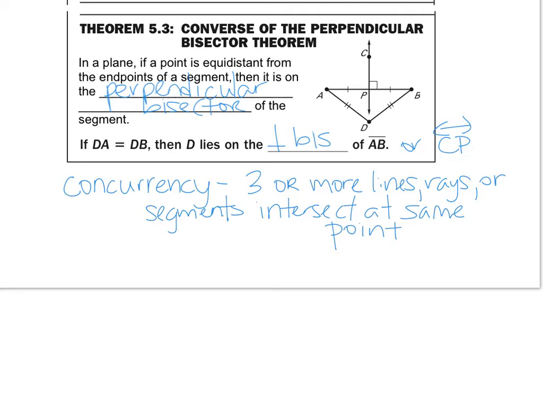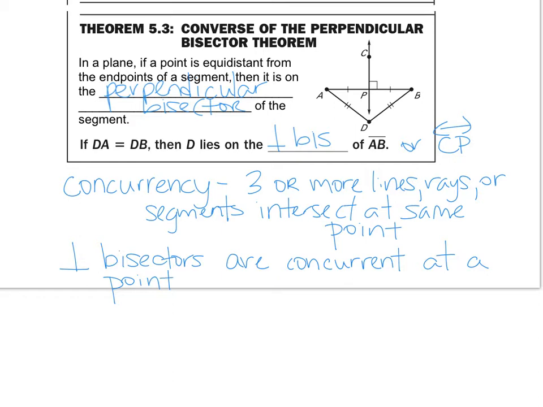So in a triangle, the perpendicular bisectors, there would be 3 of them, are concurrent at a point that is equidistant from the vertices.